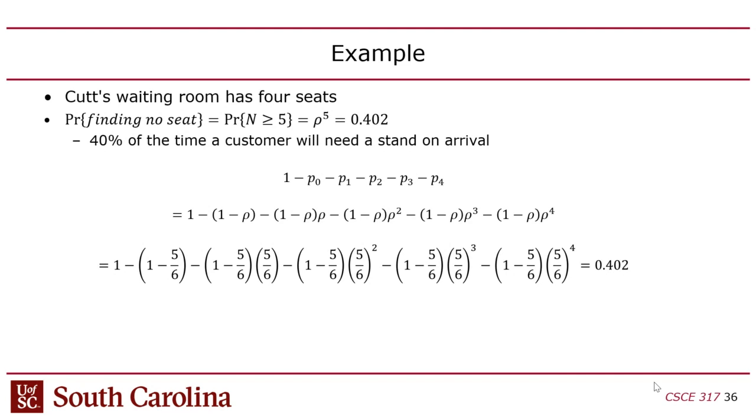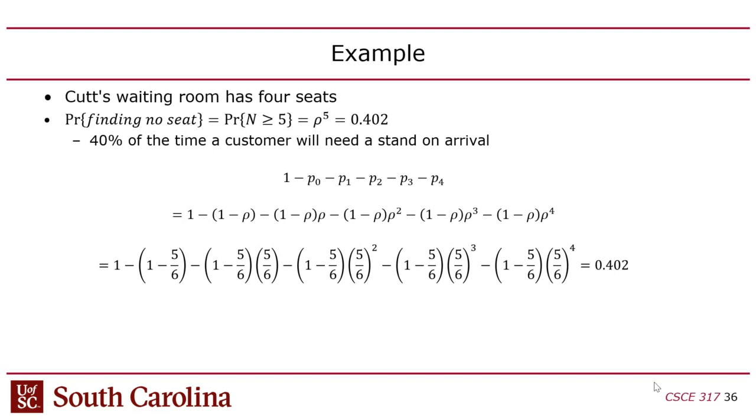So 40.2% of the time, you're going to have all 4 seats taken. Right? If n is greater than or equal to 5, so you're going to have at least 5.